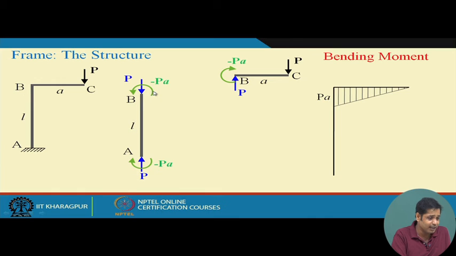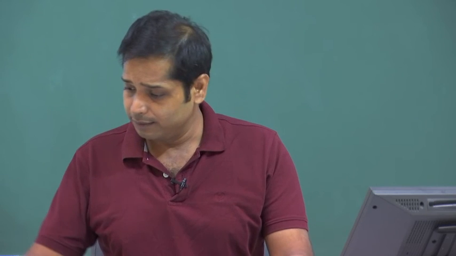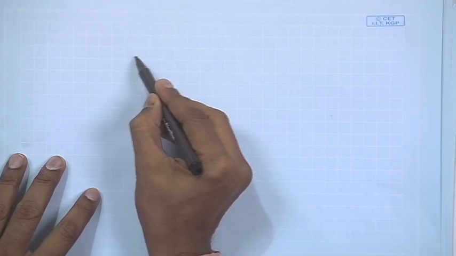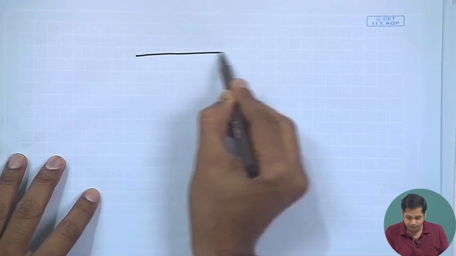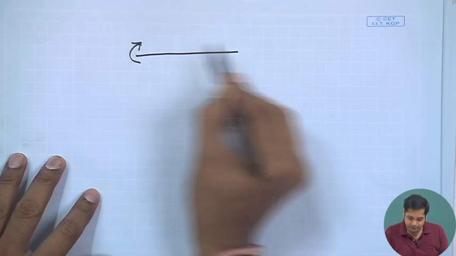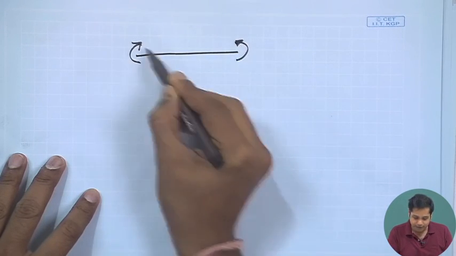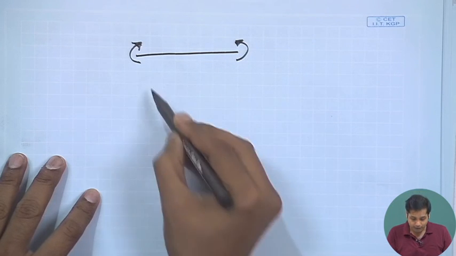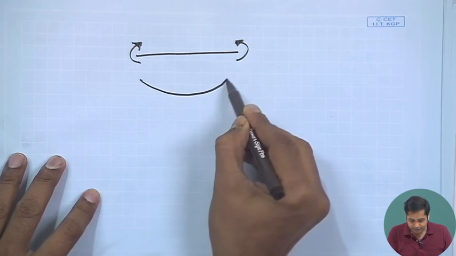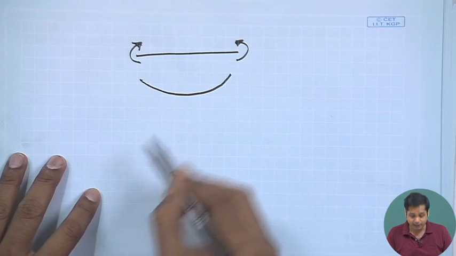Just to quickly recall the sign: if a beam is like this, we assume this is our positive bending moment, and the beam deflects like this.